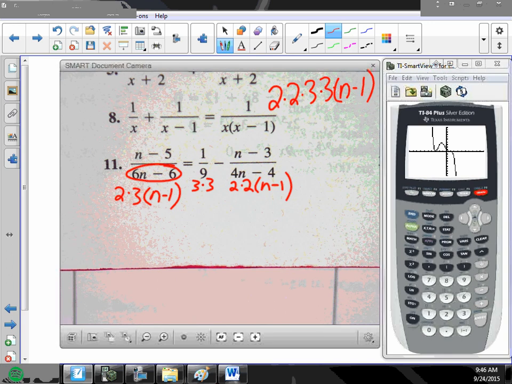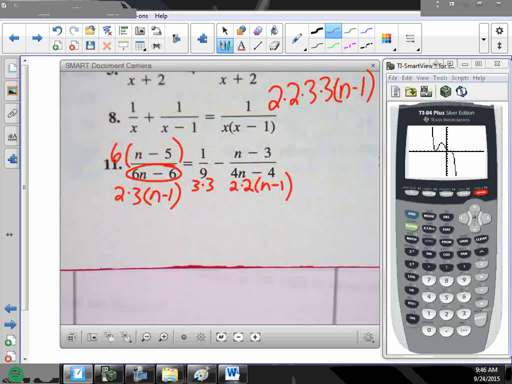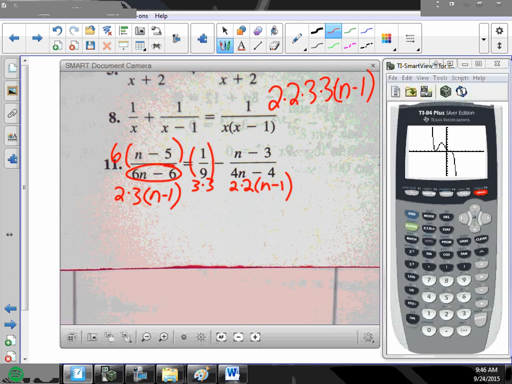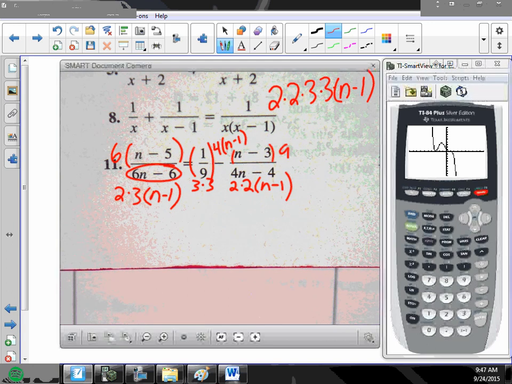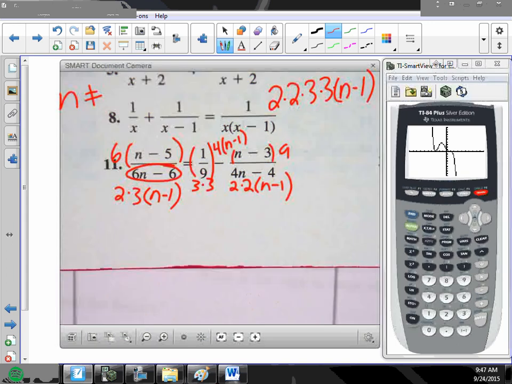Another 2 and another 3, so I'm going to multiply these by 6. What does the second fraction need? A 4, a 2 times a 2, and an n minus 1. So 4 times n minus 1. And what does the last fraction need? 2 3s, so I'm going to multiply this by 9. And I need to remember n is not allowed to be 1.